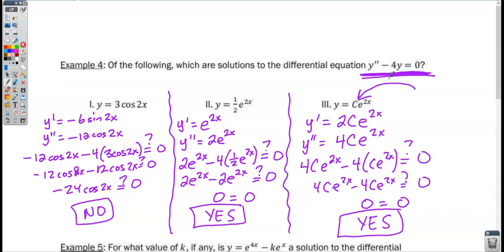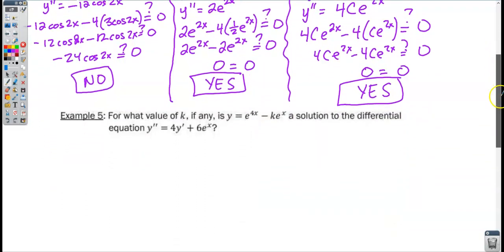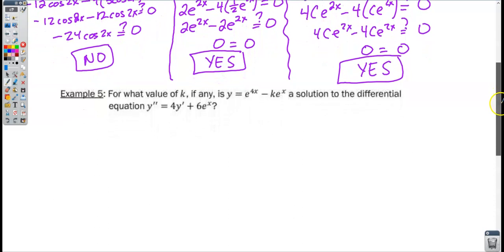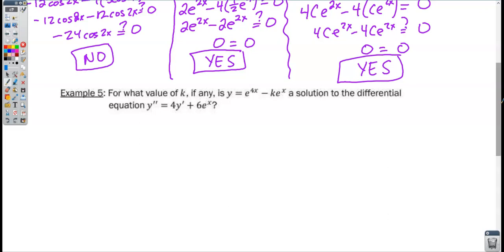All right, let's go ahead and we will move on to example 5. For what value of k, if any, is y equals e to the 4x minus k e to the x a solution to the differential equation y double prime equals 4y prime plus 6e to the x? Okay, so let's go ahead and we'll take the derivative of this.